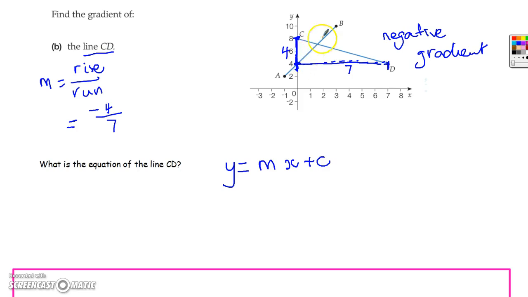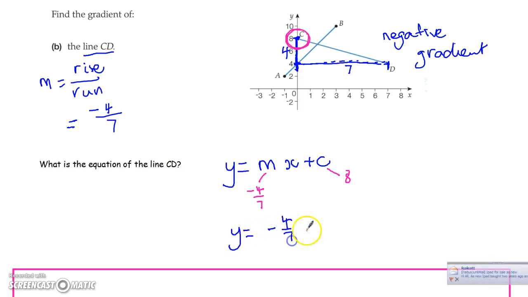The y-intercept in this case, where it cuts the y-axis, is here at 8. So I'm going to put an 8 in there, and I'm going to put my gradient of -4 over 7 in there, and then I'm done. So y equals -4/7 x plus 8. Finished. That's the equation of the line.